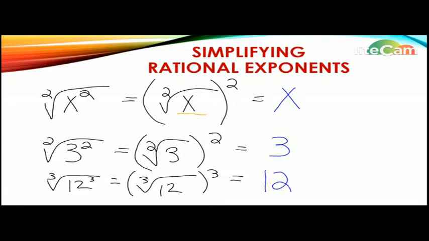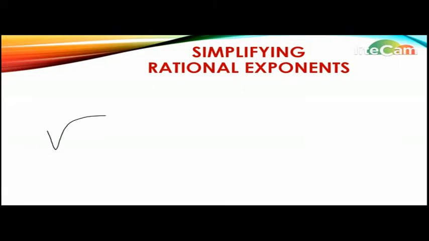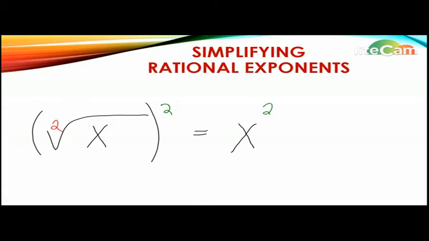Okay, let's do it again. Now we're going to use rational exponents. We're just going to use the x example. The root is 2. The exponent is 2. So if I were to write it as rational, I would have x to the 2 over 2, which is still just x to the 1, because isn't 2 over 2 just 1?